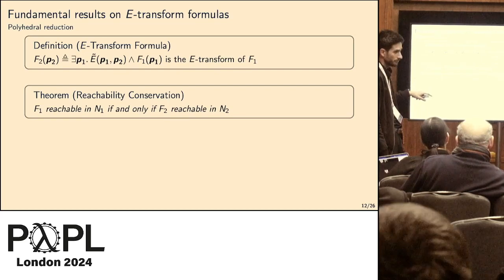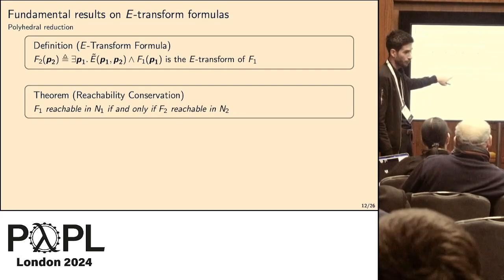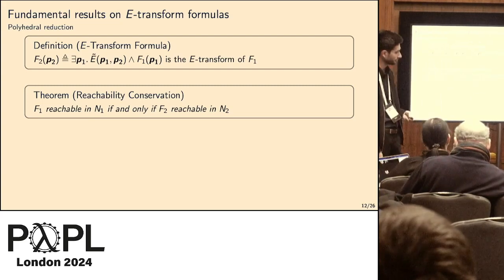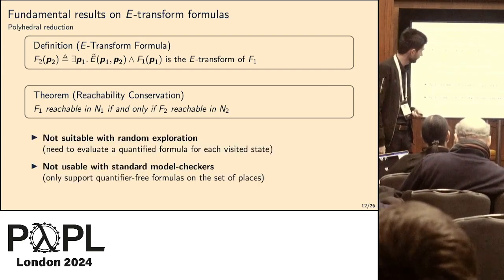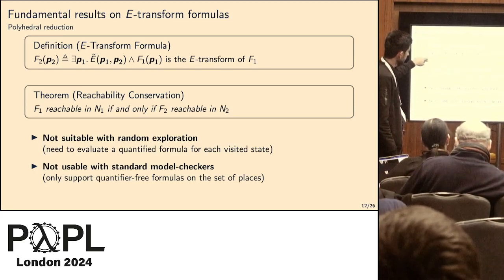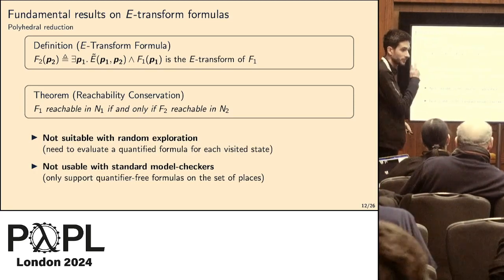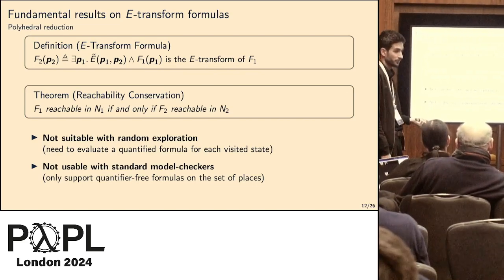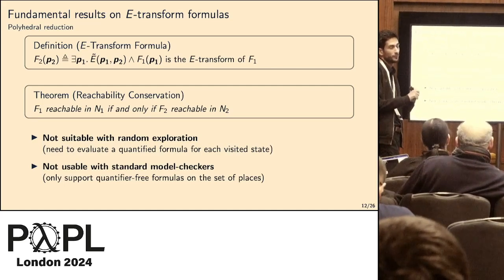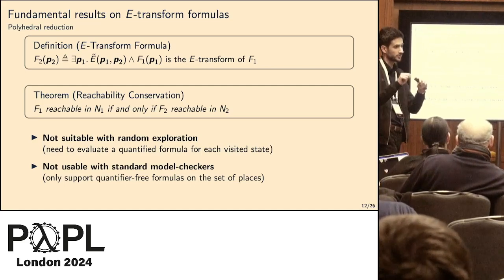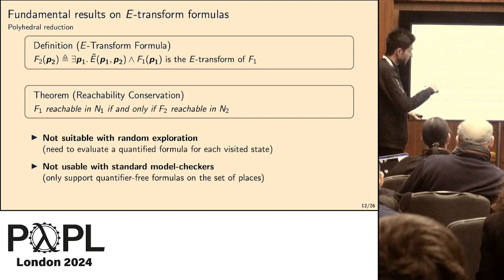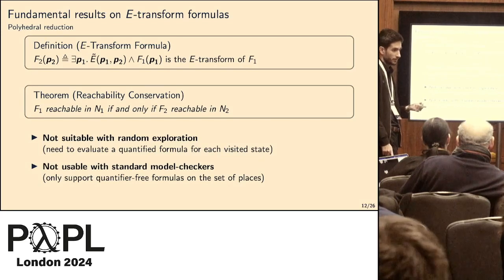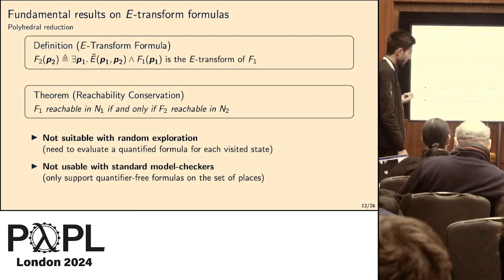So we have this theorem that F1 is reachable in the initial net N1 if and only if the E-transform formula is reachable in the reduced net N2. But there is an issue: F2 contains some existential quantifications, so it is a Presburger formula with existential quantifiers, and it is not suitable for random exploration, because when we randomly fire some transitions and visit states, each time we visit a state we need to solve a Presburger formula, and it's quite complex.